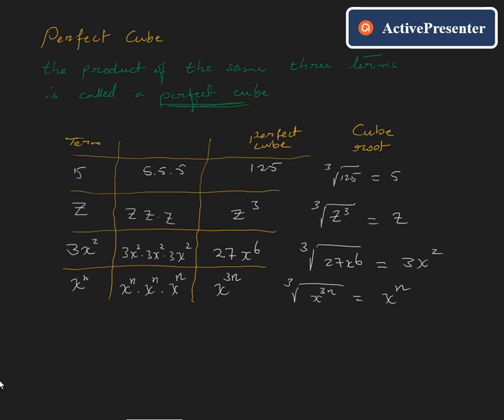Keep the perfect squares and perfect cubes in your mind because they are important. The perfect square will guide us on how to decide whether a trinomial is factorable or non-factorable over integers. We will see.